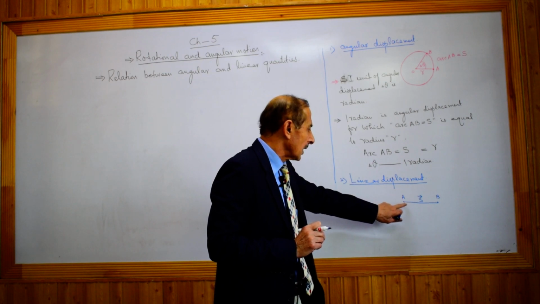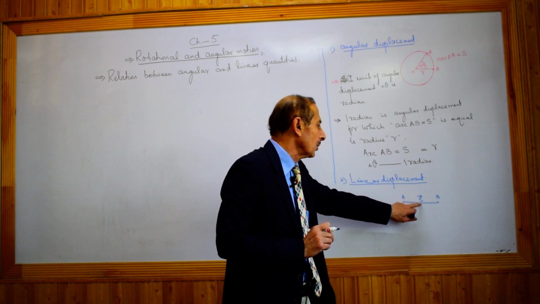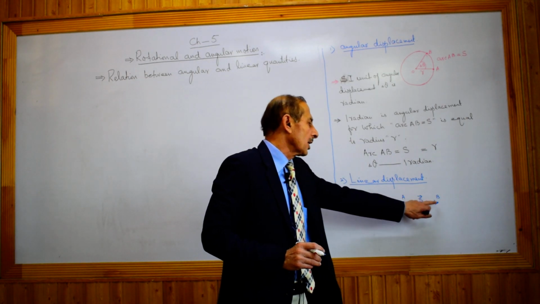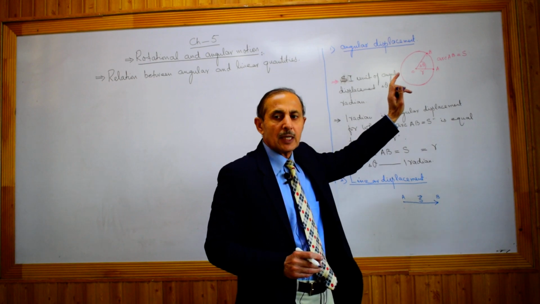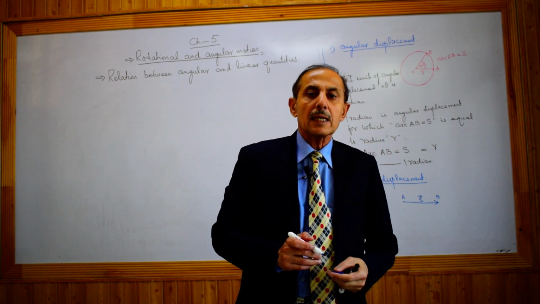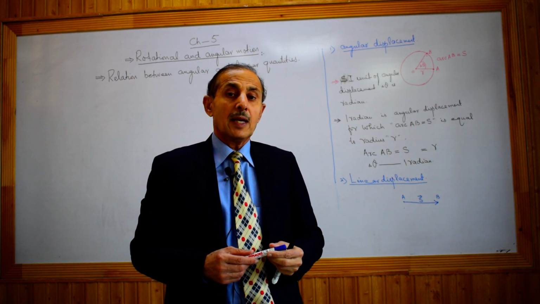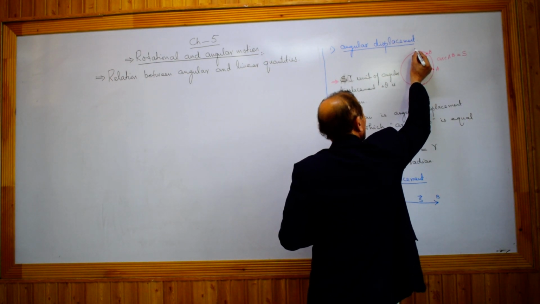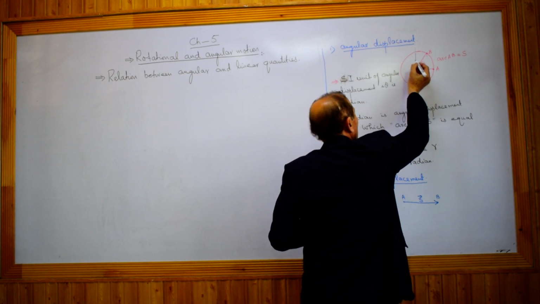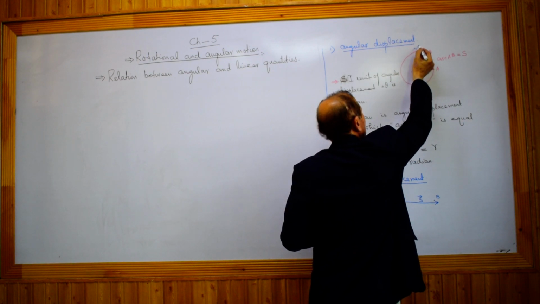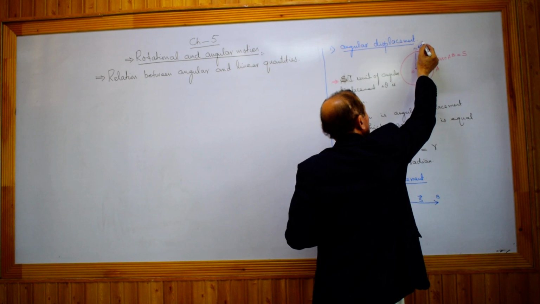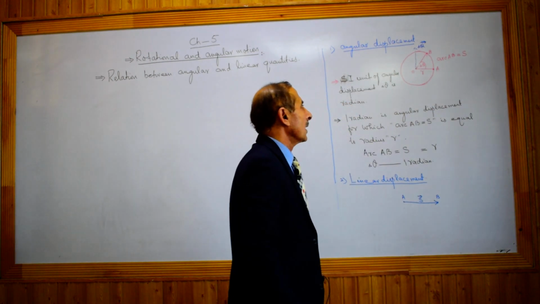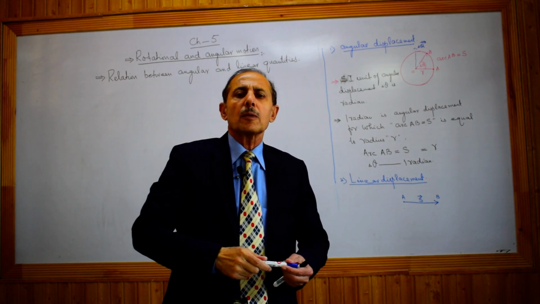The linear displacement is the shortest distance between point A and point B, which is always a straight line, and its direction is from point A to point B. The direction of the angular displacement, when theta is small, is according to the right hand rule: if a body rotates anti-clockwise, then the direction of the angular displacement is upward, perpendicular to the axis of rotation.